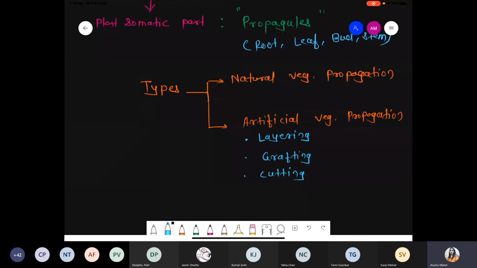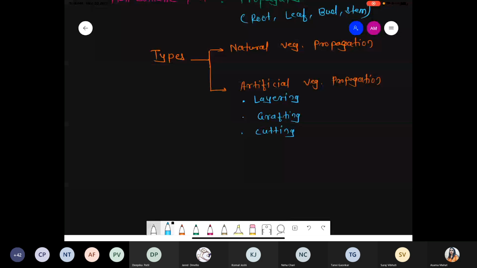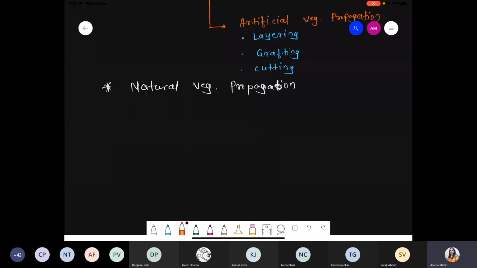So first of all, we start very quickly with the meaning of natural vegetative propagation. We have seen all this part, so I am just listing the names.